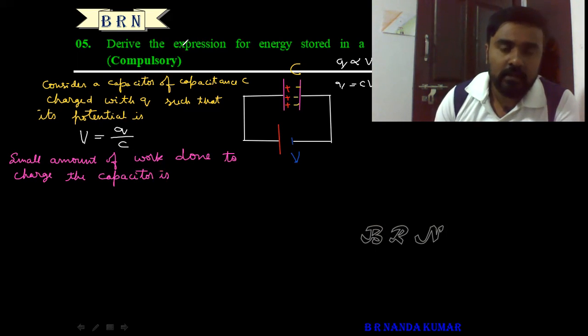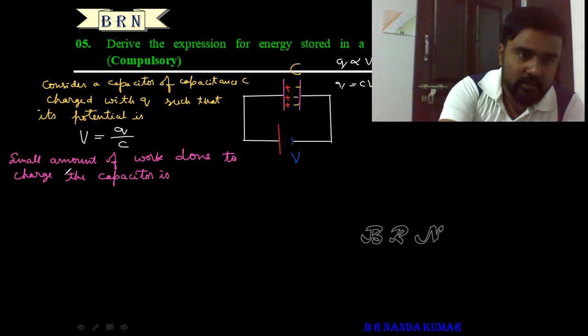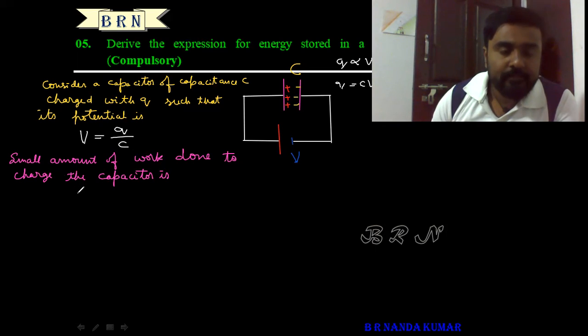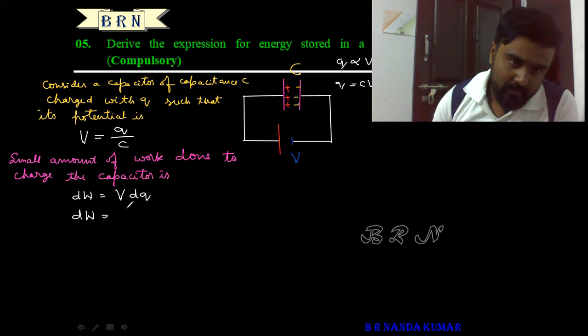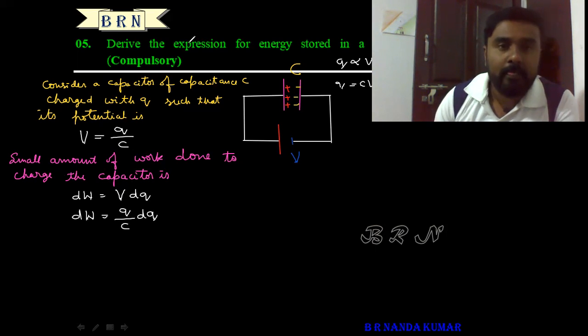Small amount of work done to charge the capacitor is dW equal to V into dQ. dW is equal to Q by C into dQ.